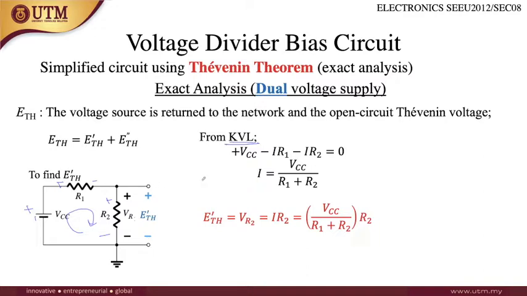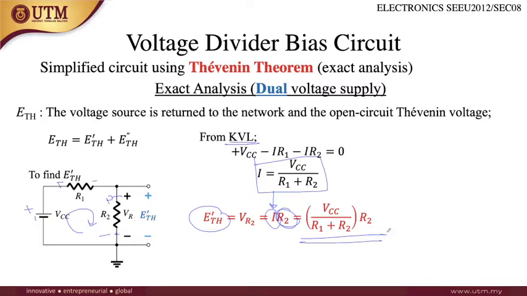And then you will get the value of the current. E prime TH is the voltage at R2. Since we have calculated the value of I and we already know the value of R2, you can get the value of E prime TH.